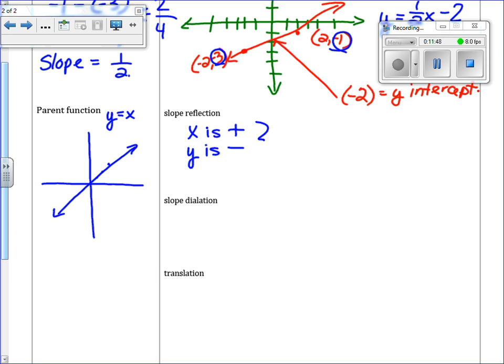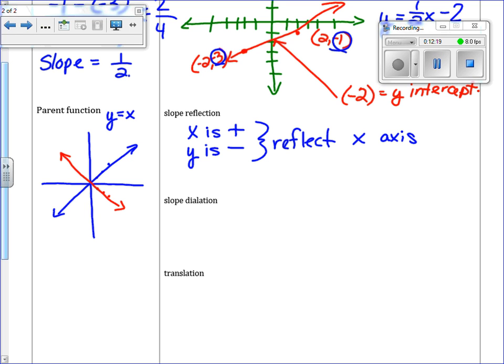That reflects it over the x-axis. Okay, so let's think about it. If x is 1, y is negative 1. If x is 2, y is negative 2. If x is 3, y is negative 3. And that's why this red line is our reflection.